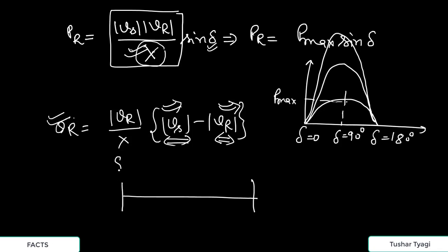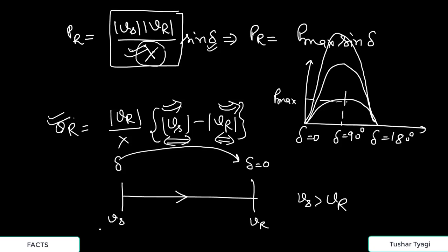Over here, this angle is delta. This is delta equal to 0 over here. So active power flows from here to here. And over here, if voltage is Vs and the voltage is Vr, and I am assuming Vs is greater than Vr, in that case the reactive power will flow in this direction from higher voltage to lower voltage, and active power will flow from higher delta to lower delta always.